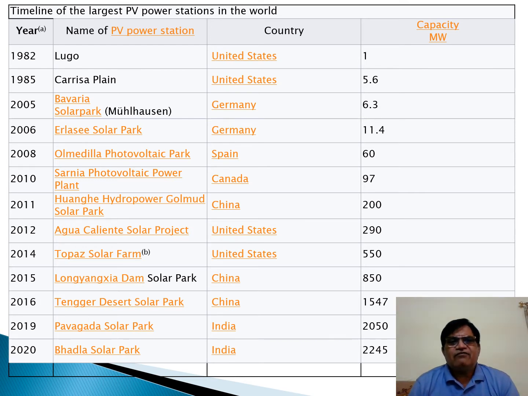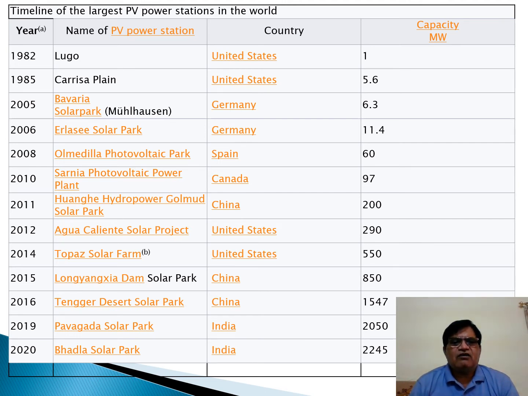Then within 1 year, China was able to jump from 97 megawatt capacity. Earlier Canada was producing in the range of 97 megawatt. China was able to produce in the range of 200 megawatt. Again, United States in the year 2012 was able to produce up to 290 megawatt.